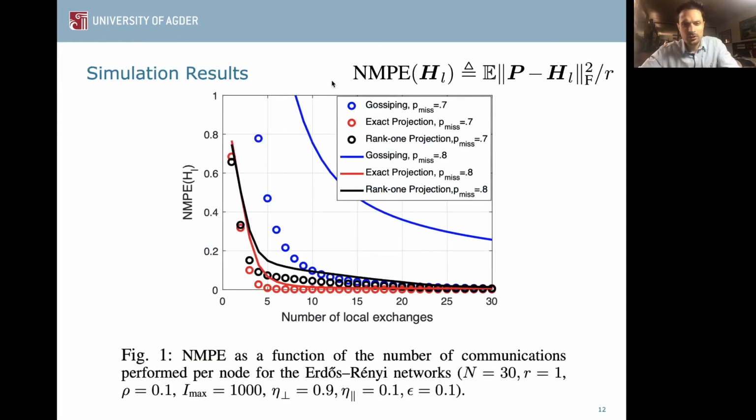So this figure compares the normalized mean projection error, which is defined in this way, where this is the target projection, right, and this is the graph filter, right. The averaging takes place across graph realizations and subspace realizations, right?